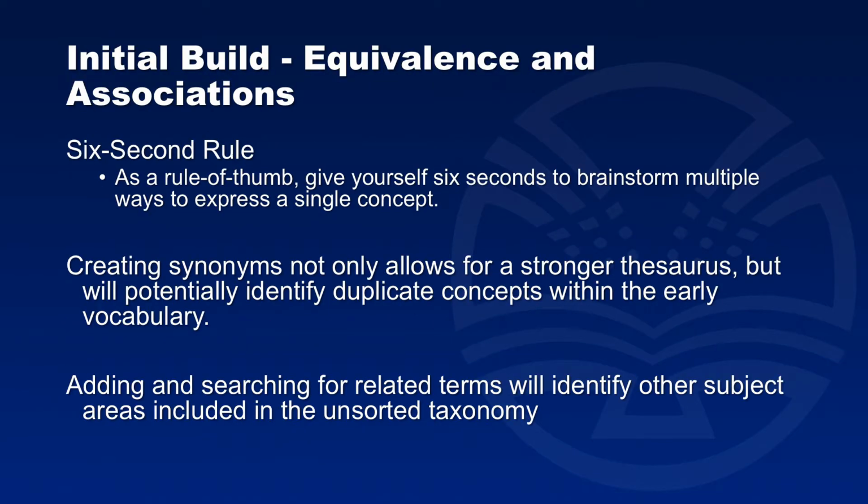So when you're searching and adding properties and attributes to each term, for synonyms we have a general 6-second rule, and that's just a rule of thumb that we use.